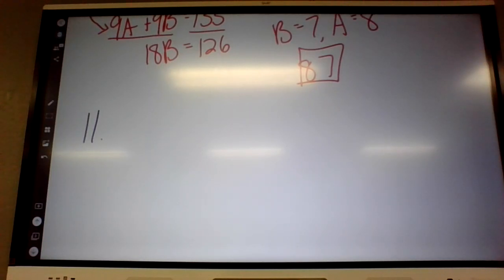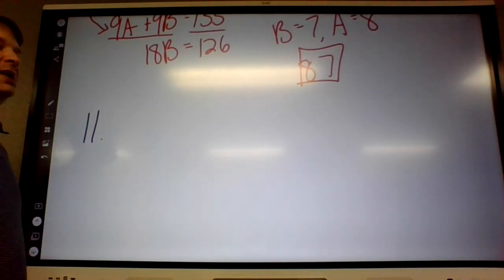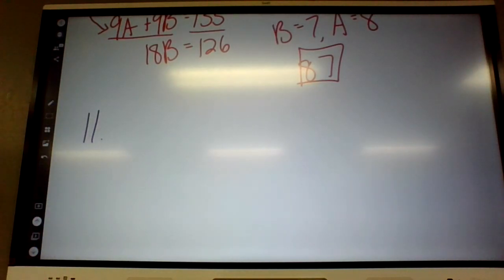Okay, on 11, Mr. Johns invested in 2 businesses. So it's kind of like number 3. We have investment A and investment B. Last year he got 10% on the first investment and 12% on the second investment.